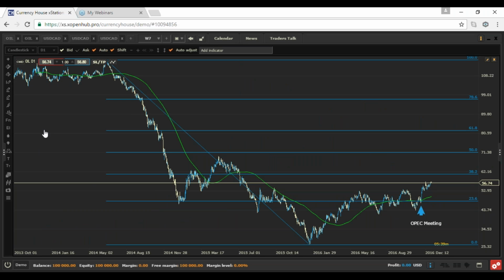Alright, next point for us is the USD CAD, which is a currency pair that always comes together with the price of oil. And the reason why is just because the Canadian economy is always dependent on the oil production and oil export.